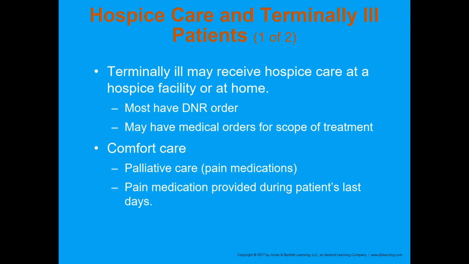And most of the time when we see these folks, again, it's cancer, heart failure, lung failure. Alzheimer's is another one. These folks are in hospice, end-stage AIDS. There's all kinds of different diseases and issues where somebody can be placed on hospice.